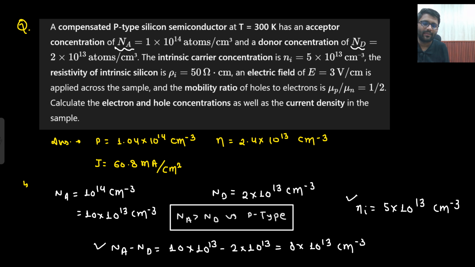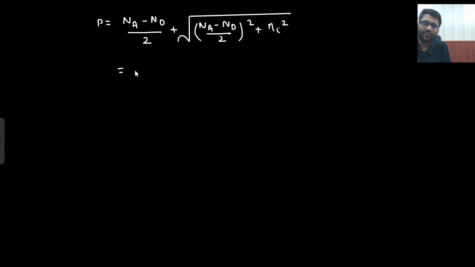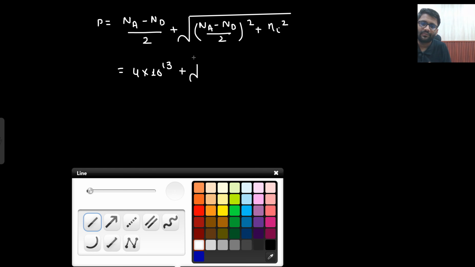plus under root Na minus Nd by 2 whole square plus Ni square. What is the value of Na minus Nd? Na minus Nd is 8. 8 divided by 2 will be 4. So 4 into 10 to the power 13 plus under root.